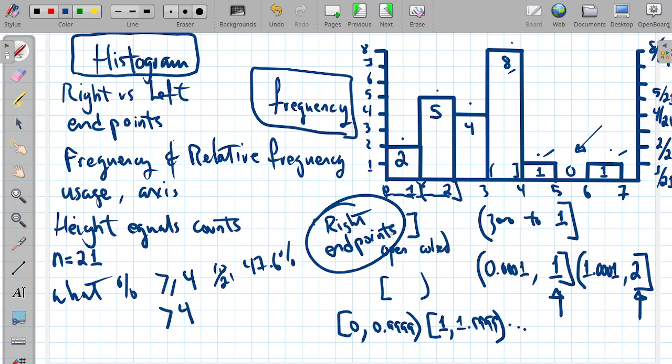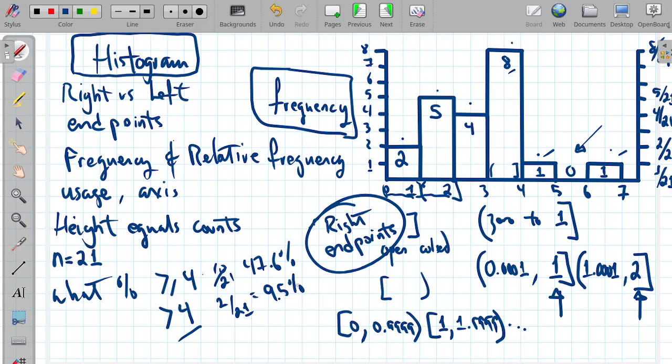Now, if I'm greater than 4, that means I'm not using the fourth column here. So by changing from greater than or equal to 4 to simply greater than 4, now it's only 2 out of 21, which is, well, let's not mix our units up. So now we're at 9.5%.